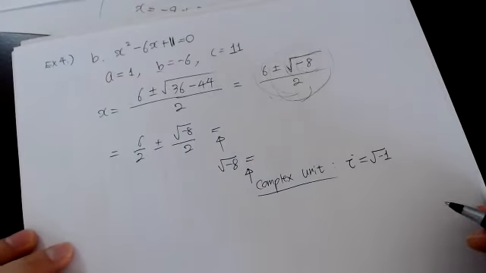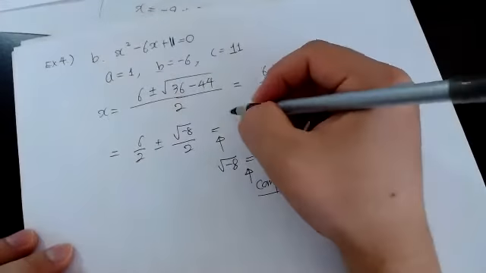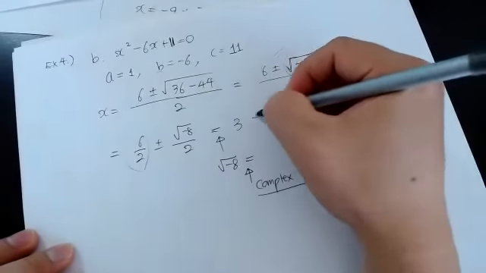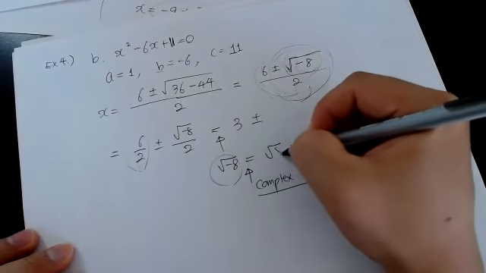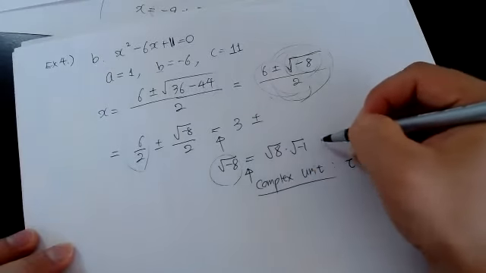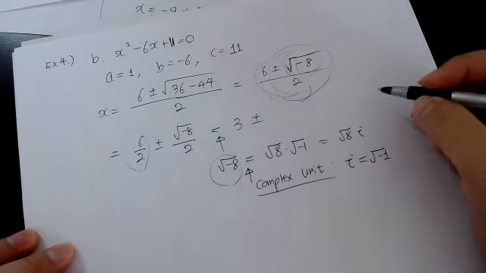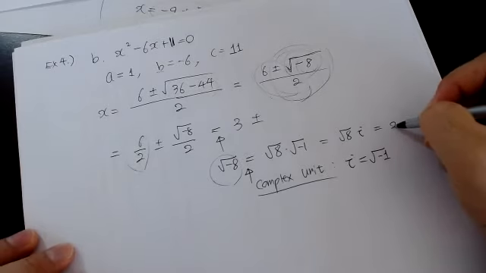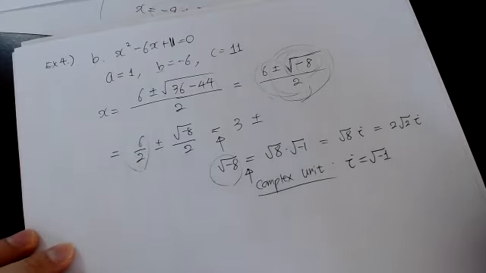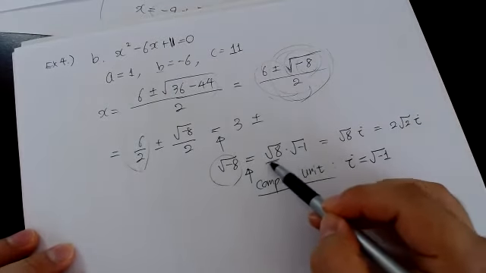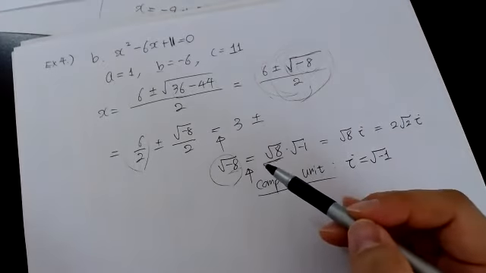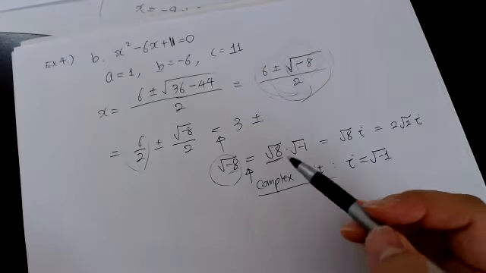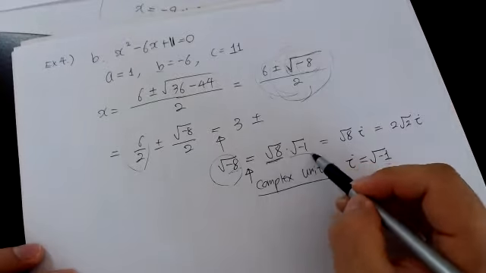Okay, so then this is equal to 6 over 2, which is 3, plus or minus. Now the square root of -8 is the square root of 8 times the square root of -1, which is the square root of 8 times i, right? The square root of 8 is 2 times the square root of 2. -8 can be factored as 8 times -1, so we separate them.